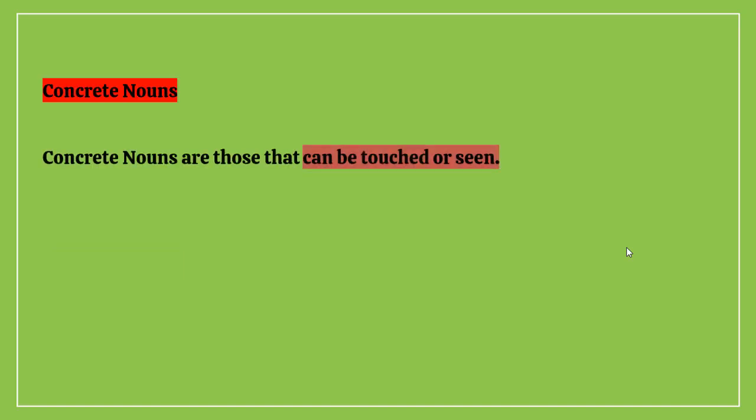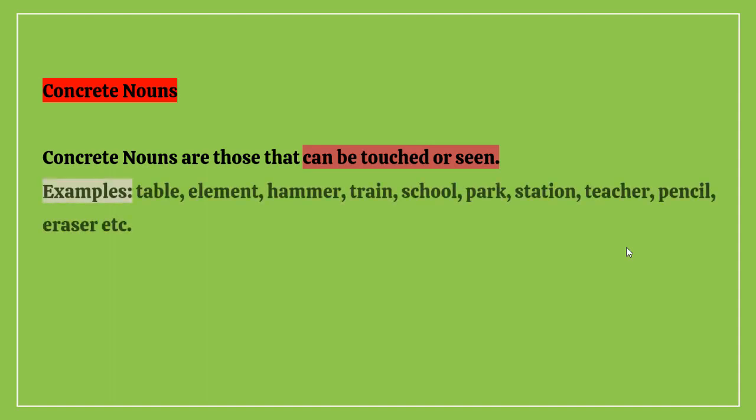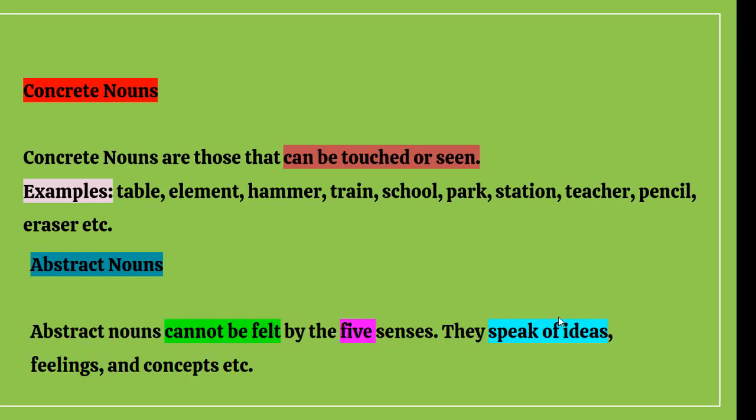Concrete nouns are those that can be touched or seen, which can be perceived by our 5 senses. Examples: table, element, hammer, train, school, park, station, teacher, pencil, eraser, etc. Abstract nouns cannot be felt by the 5 senses.